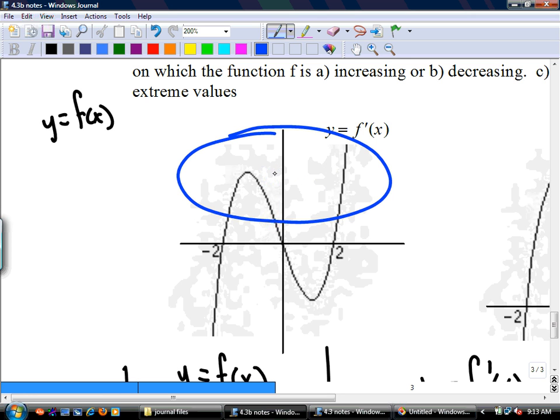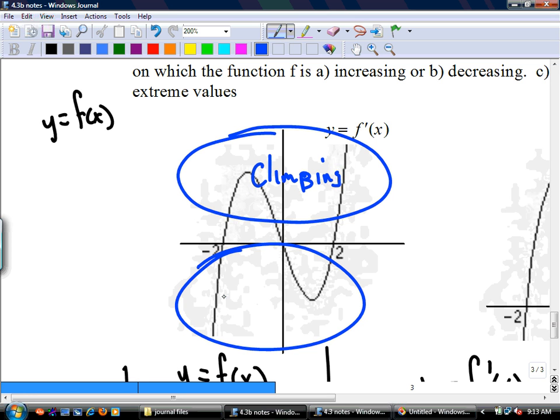I don't want to even say positive slope, I want to say climbing. It's climbing when it's above that axis. What's it doing down here? Falling. What about these 3 points? It's neither climbing nor falling. They are horizontal. These are critical points!